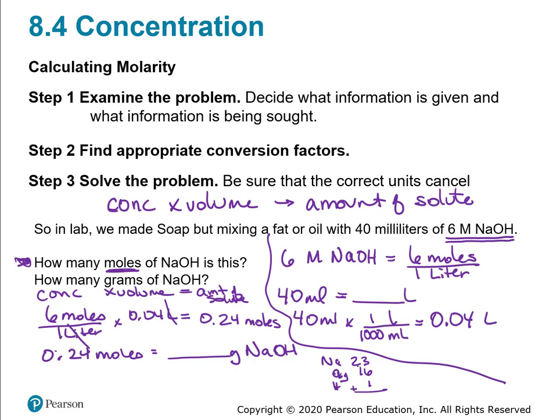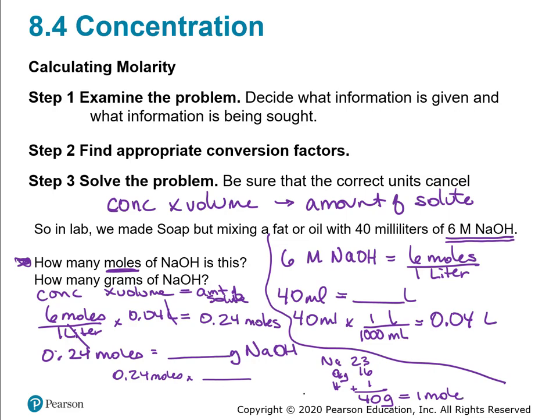So if I add those all up, I get 40. So there's 40 grams is equal to 1 mole. So that's the formula mass. You just add up the mass of sodium, oxygen, and hydrogen. That's sodium hydroxide. There's 40 grams in 1 mole.